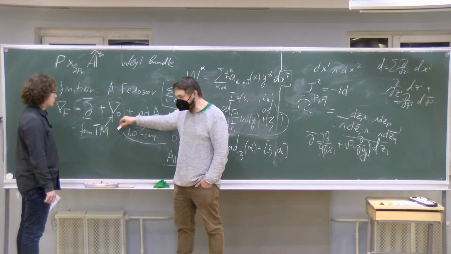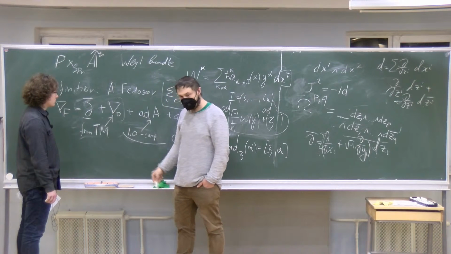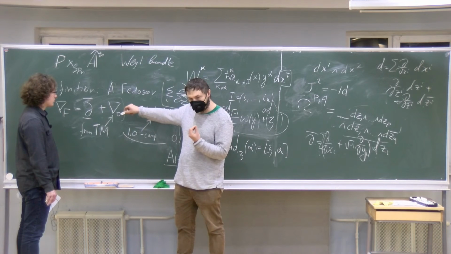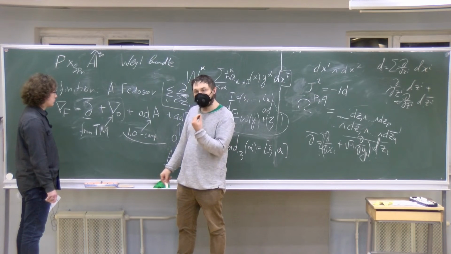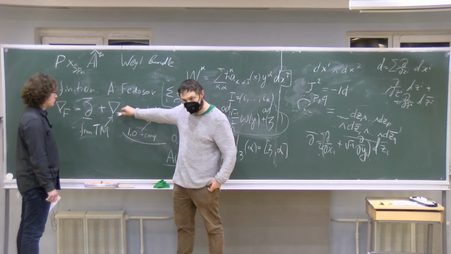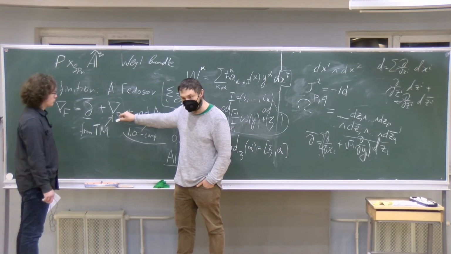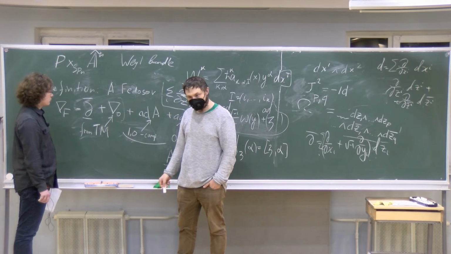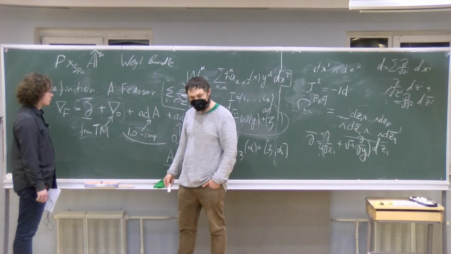We shall say that the connection is holomorphic if we can choose this holomorphic part in such a way that all Christoffel symbols depend only on holomorphic coordinates, then we are done. We have a holomorphic connection on our holomorphic vector bundle.